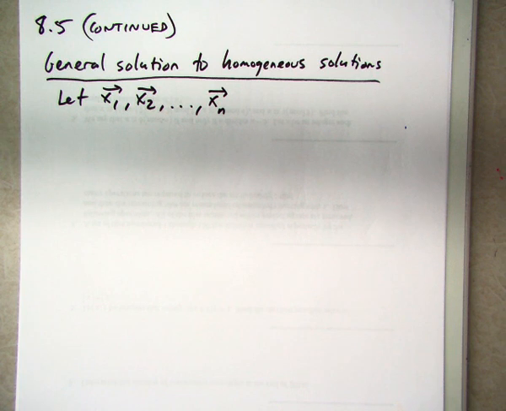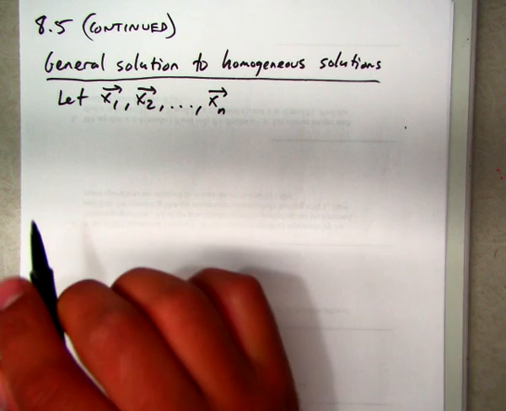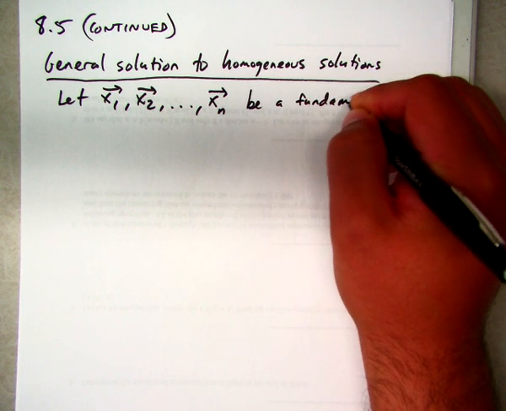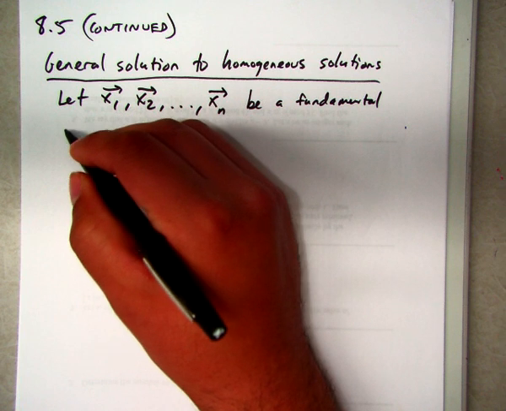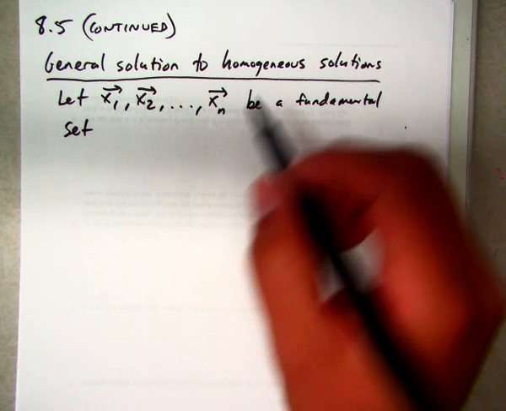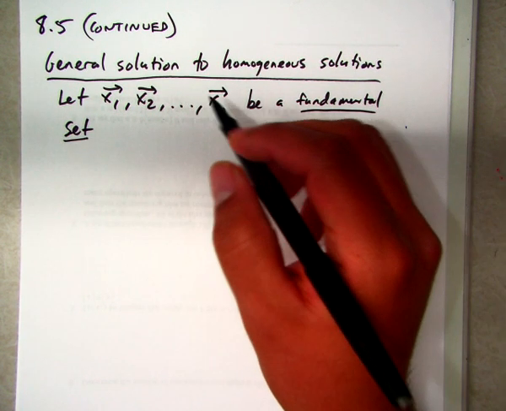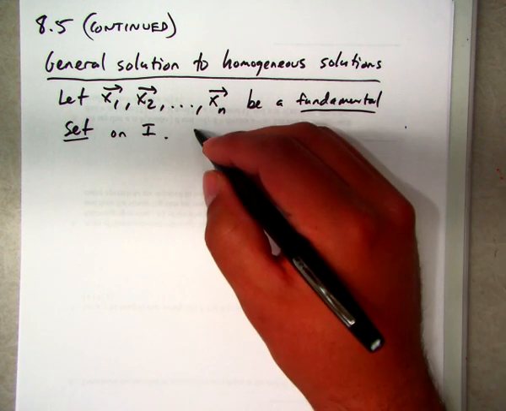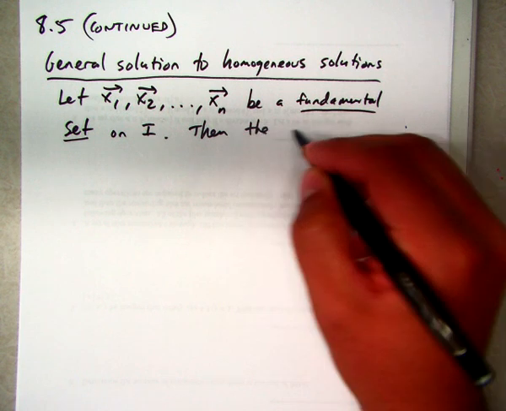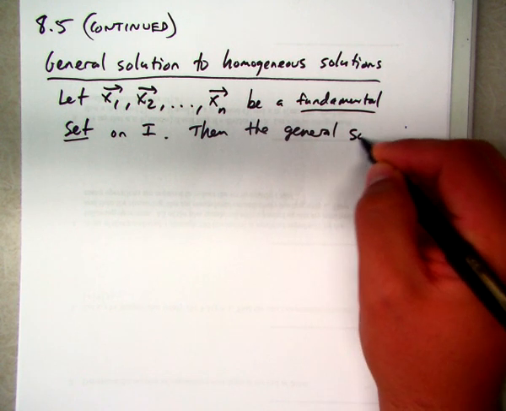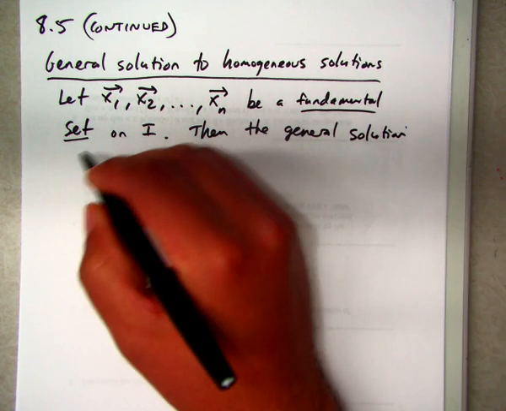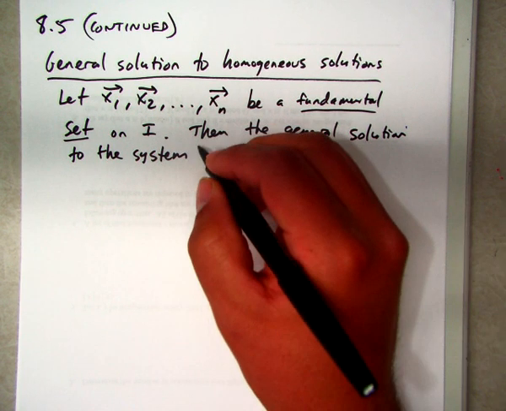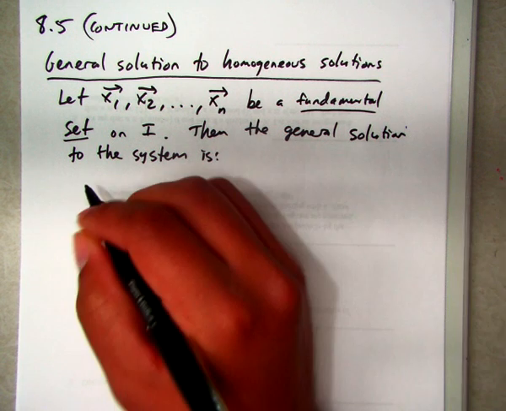If we let x1, x2, and so on be a fundamental set, which again, if you forgot, that means that the set is linearly independent on I, then the general solution to the system is exactly what we would expect.